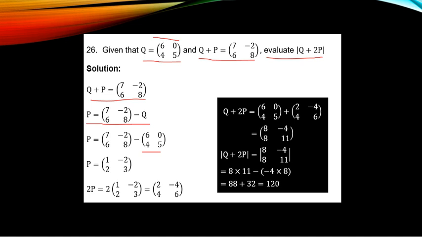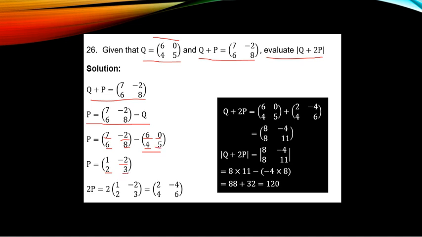Since you have 2 by 2 matrices, the same order, it means that subtraction is defined, where you subtract corresponding entry from corresponding entry. 7 minus 6 is 1, minus 2 minus 0 is minus 2. For the second row, 6 minus 4 is 2, and 8 minus 5 is 3.